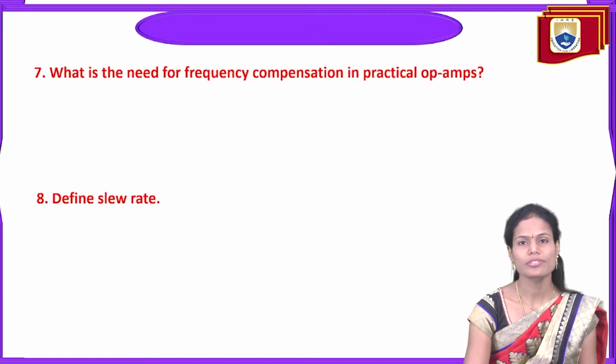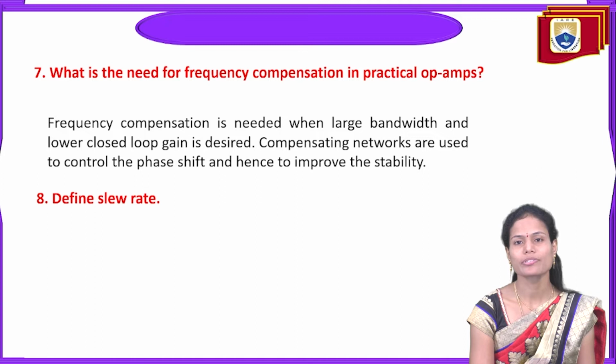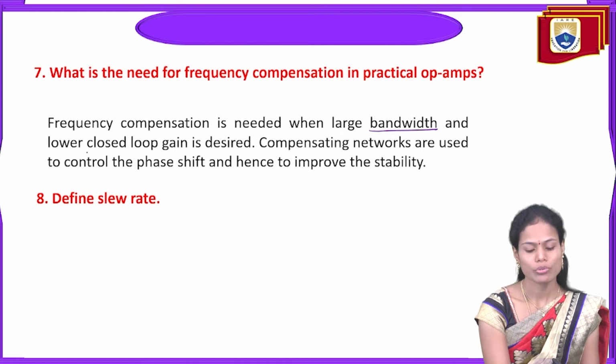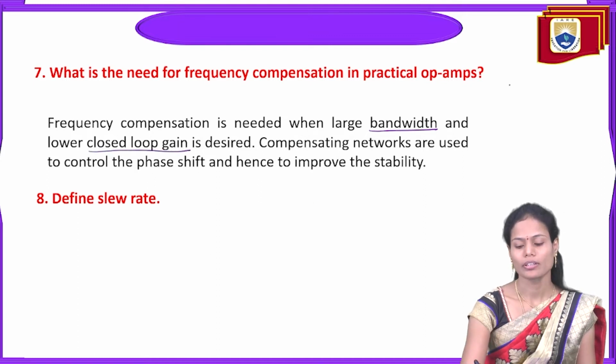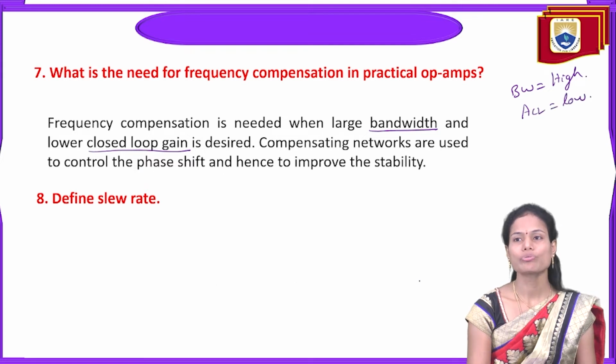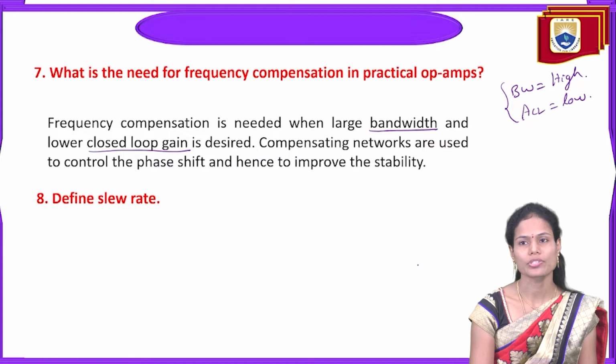And next, what is the need for frequency compensation in practical operational amplifiers? So here frequency compensation is needed in the operational amplifier when large bandwidth as well as lower closed loop gain is desired. Whenever we require bandwidth to be high or large and closed loop gain must be low, to reach these conditions we have to make the frequency compensation in the practical operational amplifier.